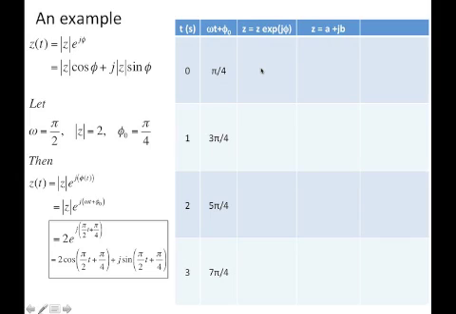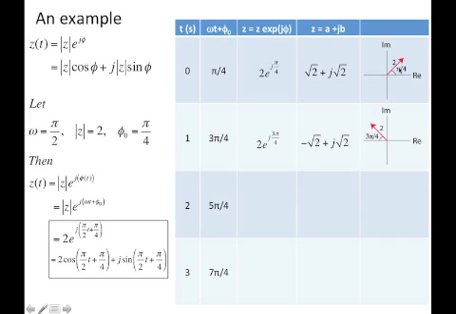Let's write z down for time t equals 0. In the polar form, it's just this. If we break that out, we can use our trigonometry and write it in this form, and we can draw the picture which says, hey, our initial phase angle is pi over 4, length is 2, that's my imaginary number.